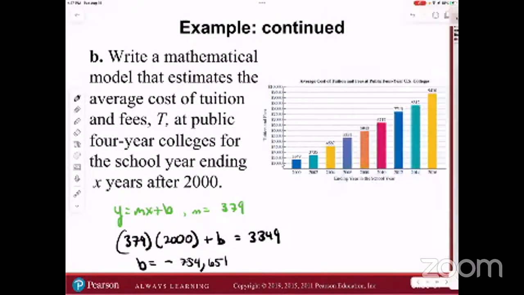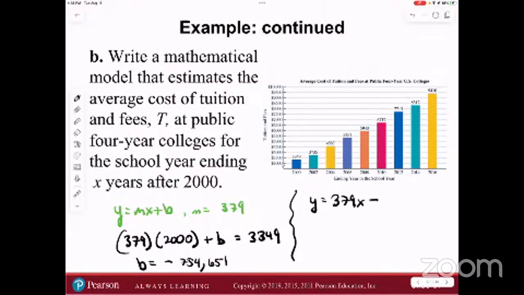So then our model looks like it's going to be y equals 379x minus 754,651. The average cost and fees, T. So if we want to put the right units, the tuition should be equal to 379 times x years after 2000.